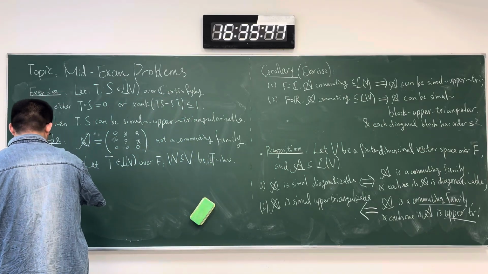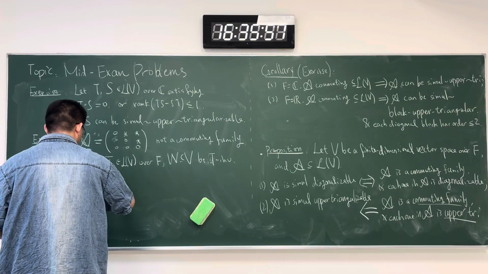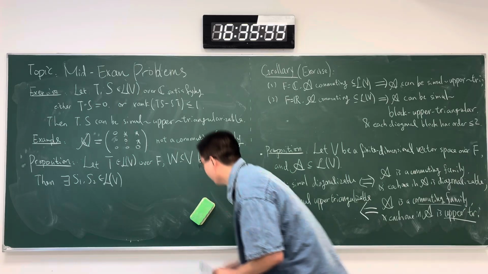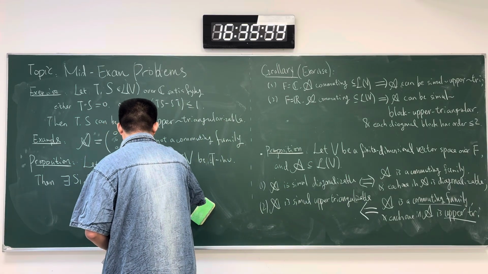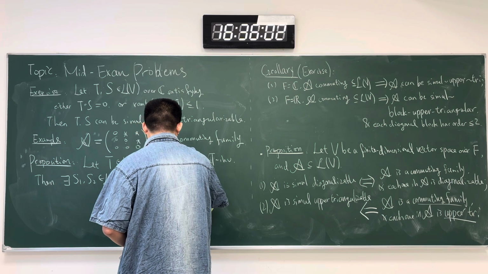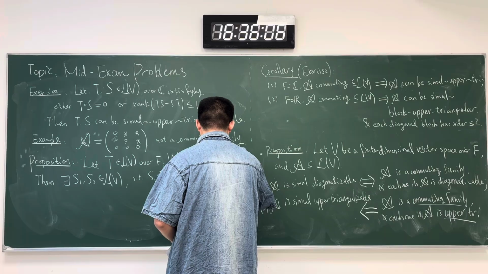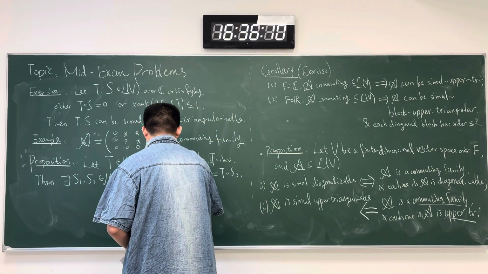There exist two linear transformations S1, S2, such that they both commute with T, and the composition of S1 and S2 is 0.